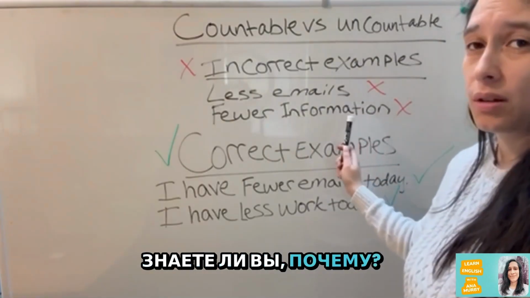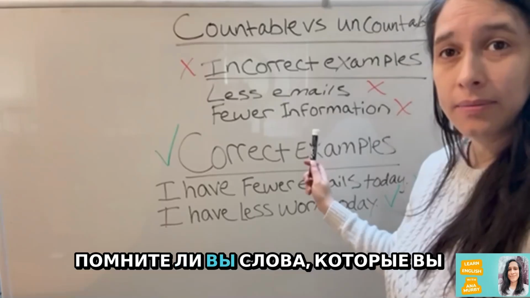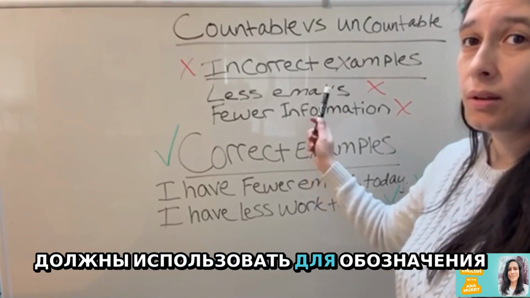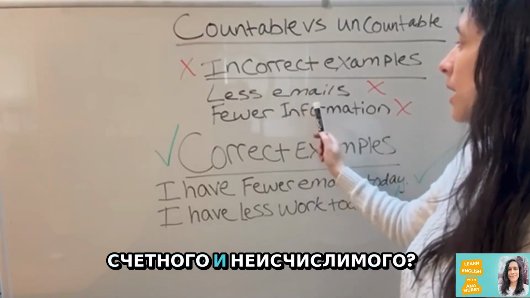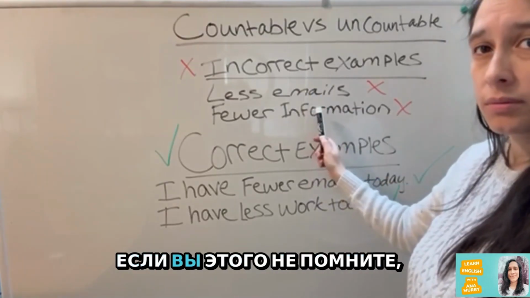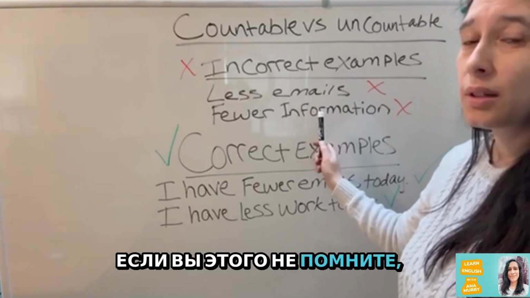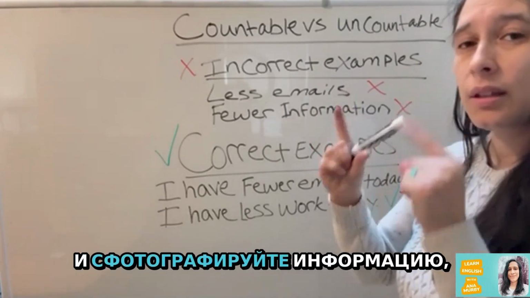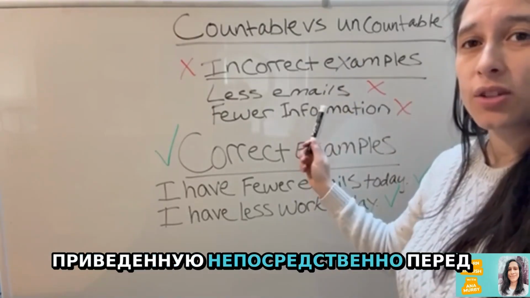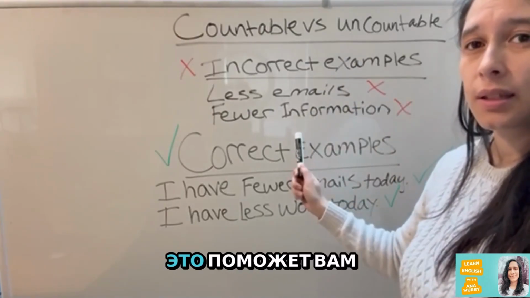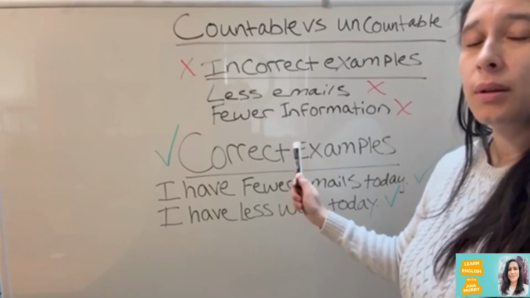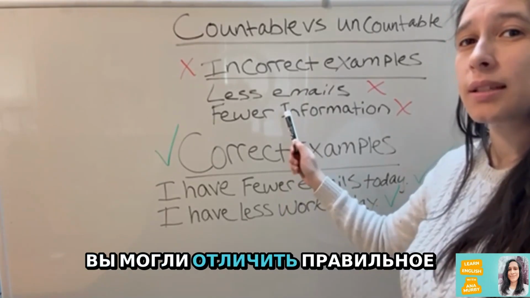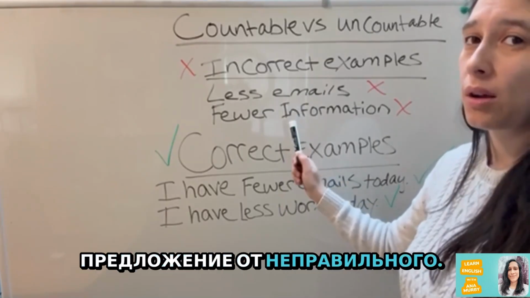That's also wrong. Do you know why? Do you remember the words you're supposed to use for countable and uncountable? If you don't, make sure you go back a little bit and take a picture of the information right before this. That will help you practice and memorize so that you can tell when a sentence is right or wrong.